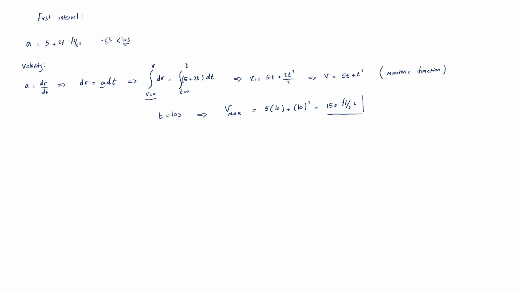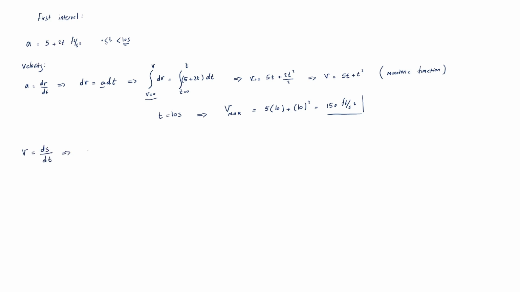The next step, we have to find the displacement or the distance traveled. If I want to find the displacement or the position of the car for the first time interval, we know that the velocity is the derivative of the position with respect to time.